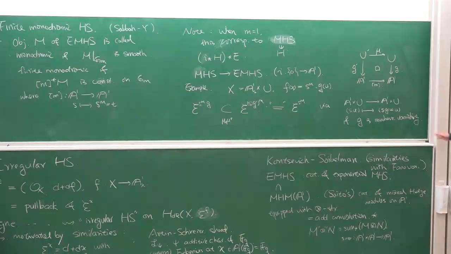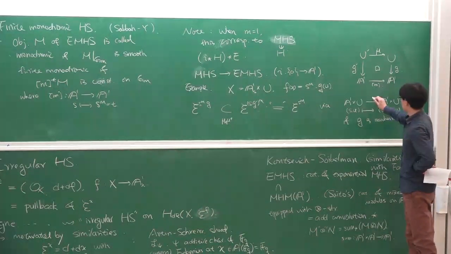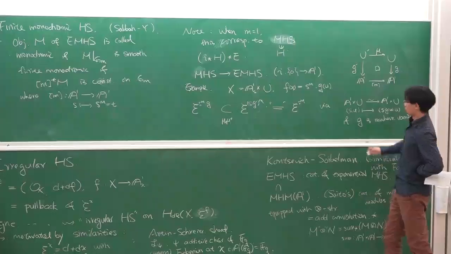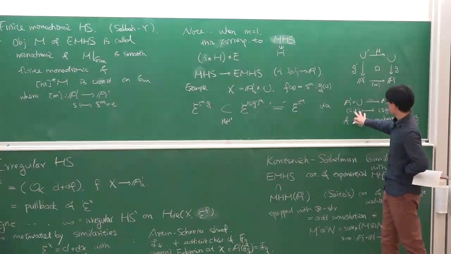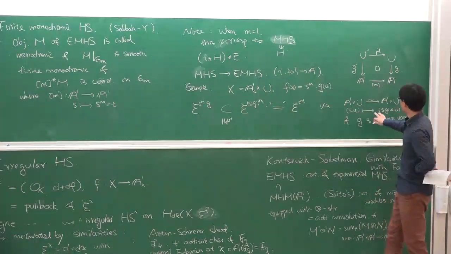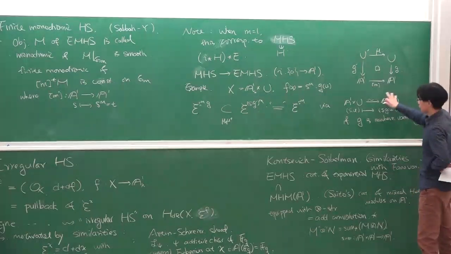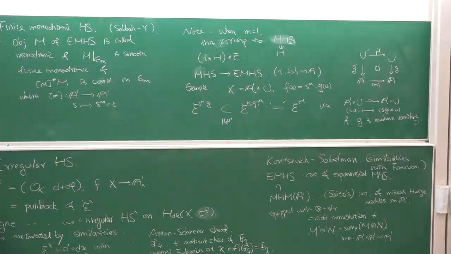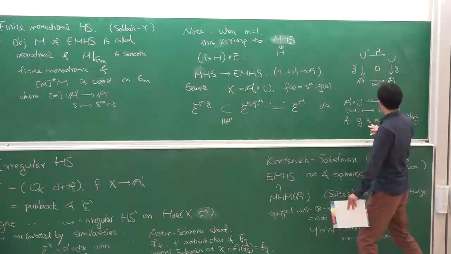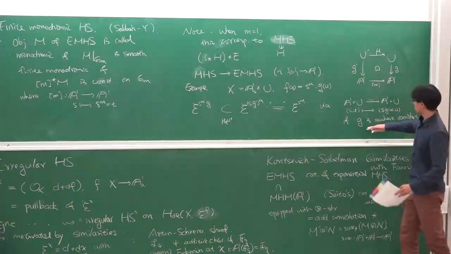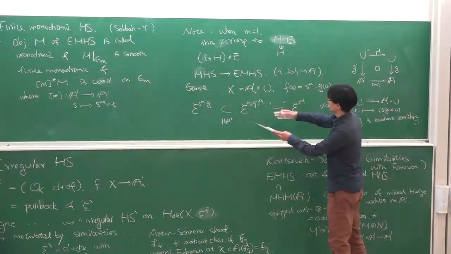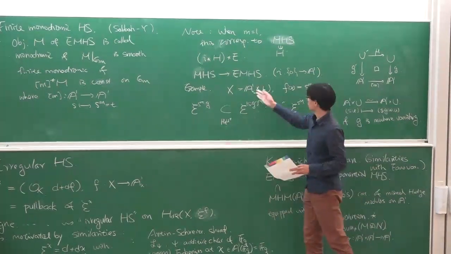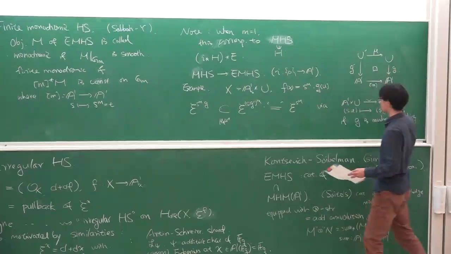Okay, so if g is never 0, then this just gives you an isomorphism. If you have a function on this side, which is s to the power n times u, this is just the same as the function here with the function s to the power n. And if it's not, if there's some zero locus of g, then you just decompose your space into two parts, the zero locus of g and the nowhere vanishing part.